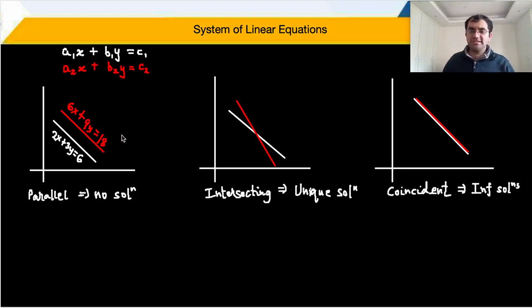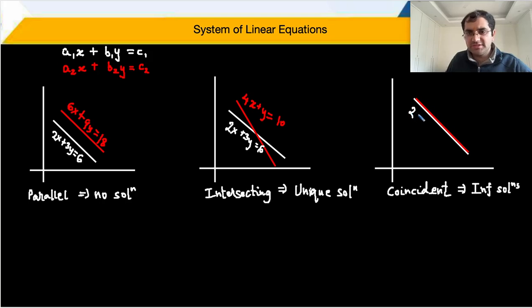If you were to plot these, actually you will find that they are parallel to each other. 2x plus 3y equal to 6, and we can take some other line, something like 4x plus y equal to 10. These two will be intersecting at some point. Now they will be intersecting at which point, that I will be showing it to you in the next slide, which is going to be about how to solve a system of equations.